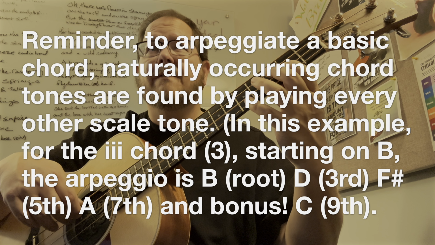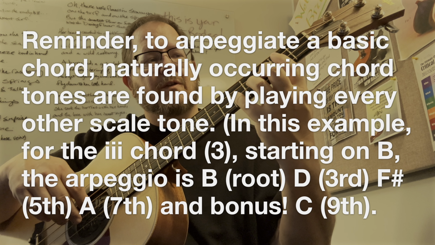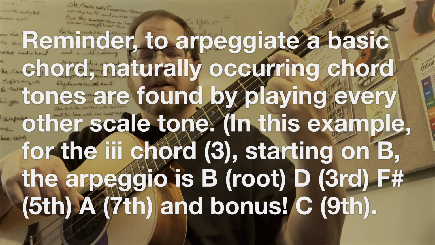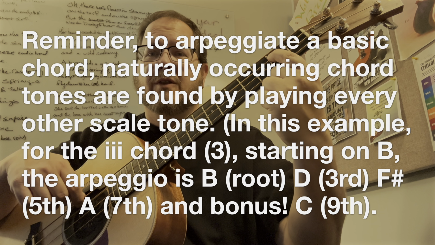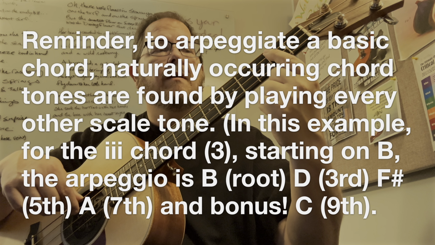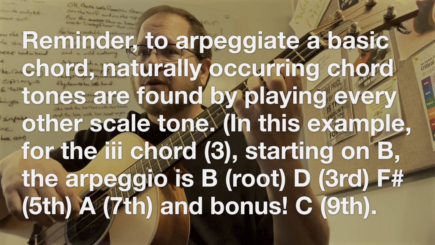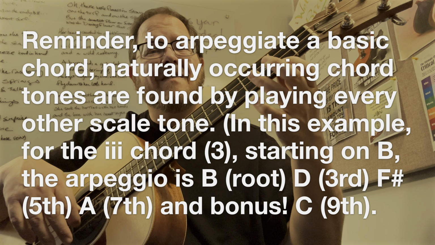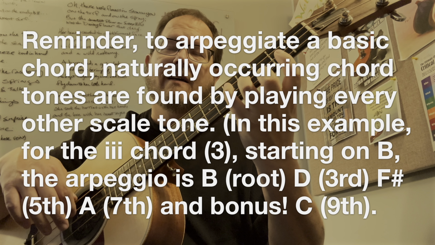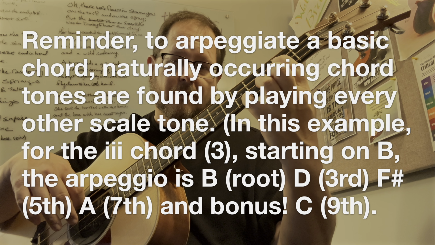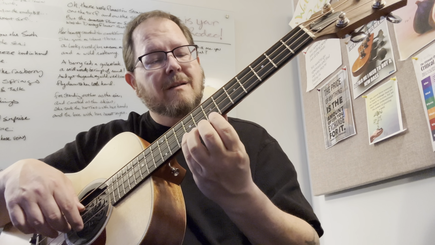Same with the 3 chord, which is based off the third note of the scale. The third note of the scale is the root, but that chord also has its own root, third, fifth, 7, 9.